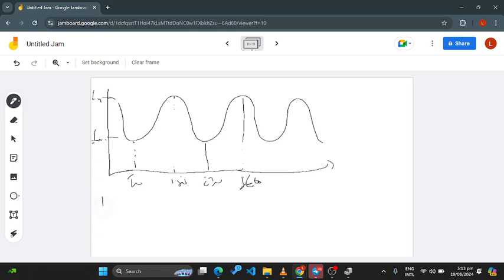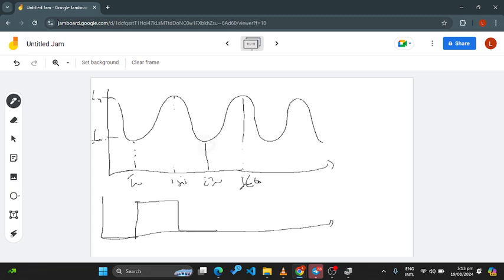Then the current. It will be like this during the rising phase over here. During the rising phase over here, it will go to its maximum value. It will stay like that till it starts dropping. So it's going to stay like this till this, then it will go to 0.